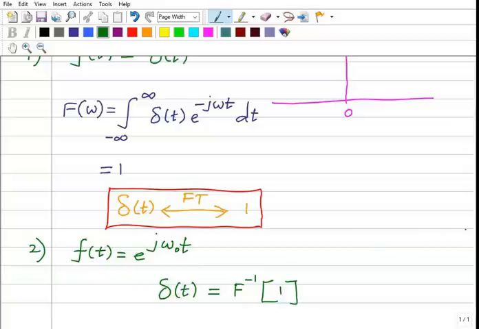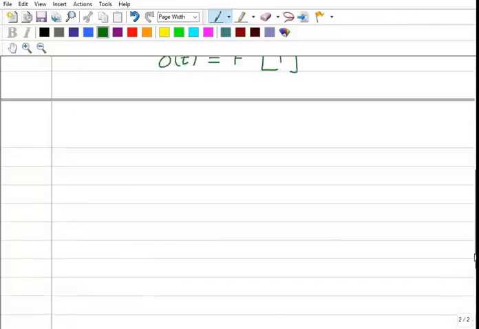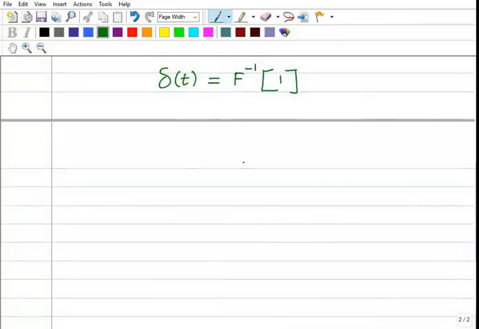Okay. So we know the inverse Fourier transform equation. What is the inverse Fourier transform equation? 1 by 2 pi integral minus infinity to plus infinity, F of omega is 1, e power j omega t d omega.